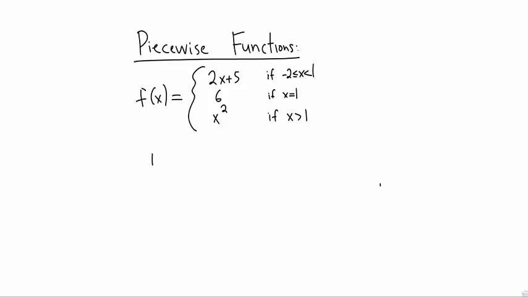So for a piecewise function, the domain of f will be the union of the individual domains. This is what we are using for the domain of the piecewise function.